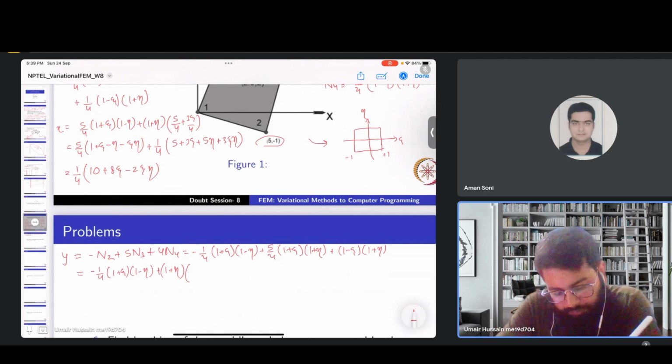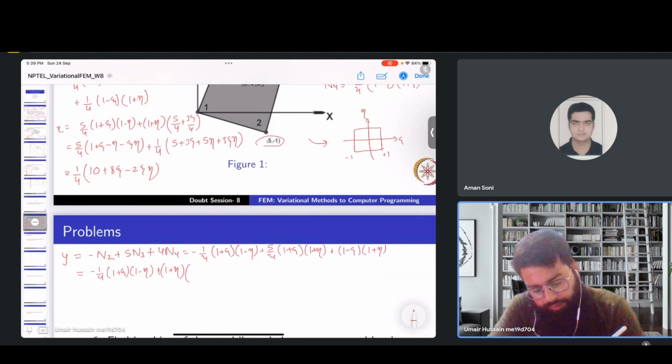So what is our answer? We have 5 by 4 plus 1, 9 by 4, plus xi by 4. So now we expand.